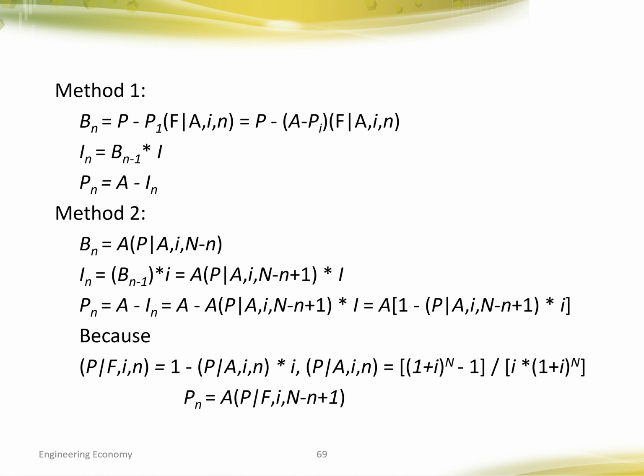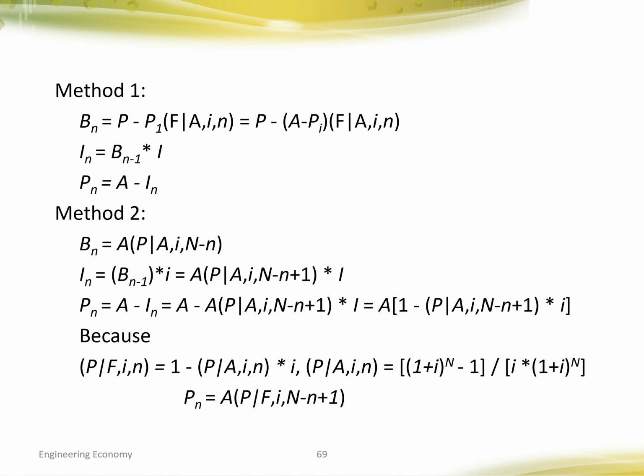Or we can move from the other direction. If we are at a certain point after paying the installment, then we will know how much principal we have already paid back, right?